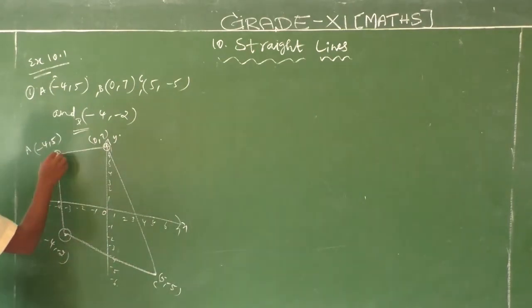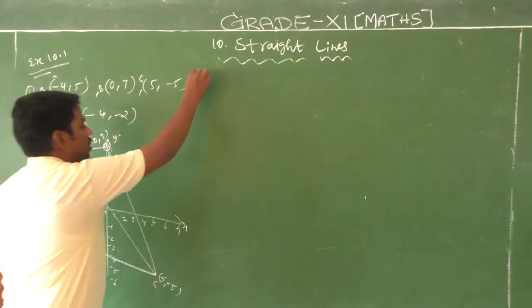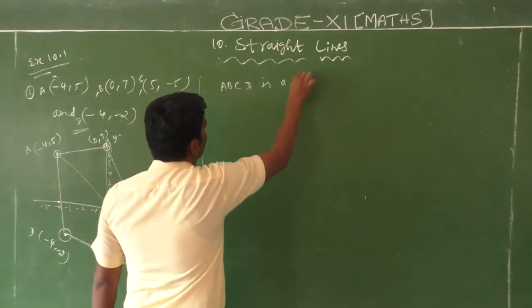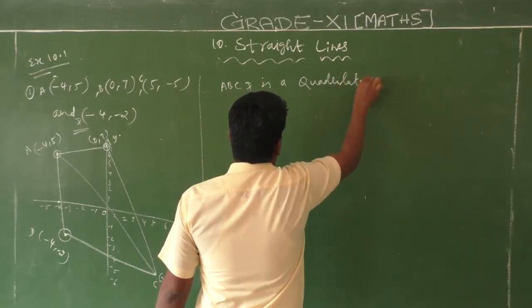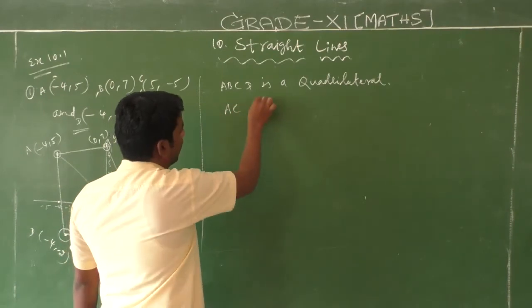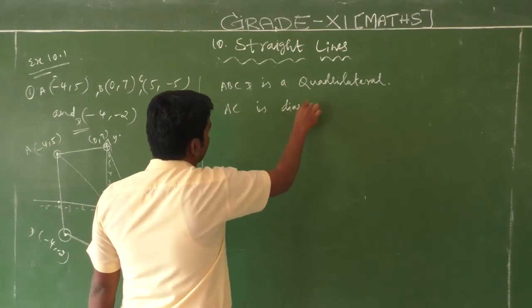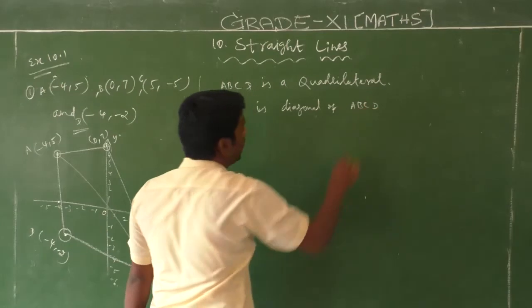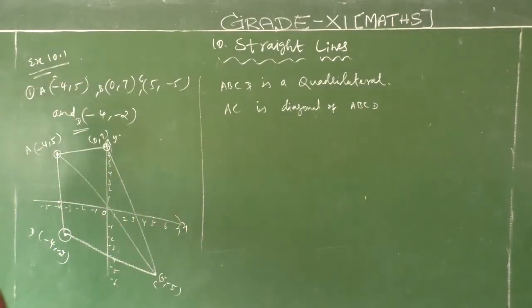Let us consider AC as a diagonal of the quadrilateral ABCD. We need the area of quadrilateral ABCD.